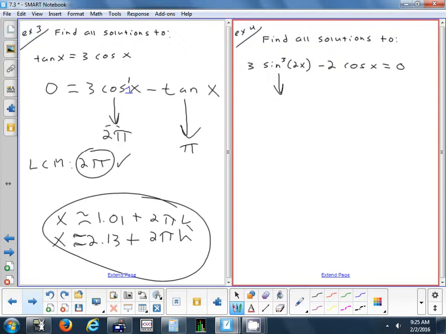And Jamie, what's b in this case? 2 pi over 2. So the 2's cancel, and my period of sine cubed 2x is pi. Questions on that one? We use the formula 2 pi over b because it's sine to an odd, and in this case b is 2, so the 2's canceled.